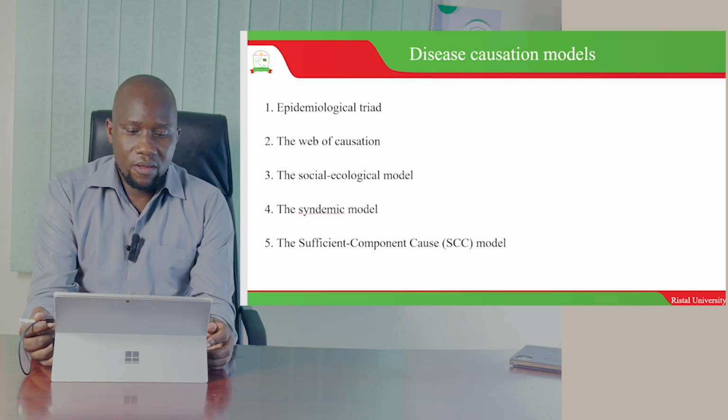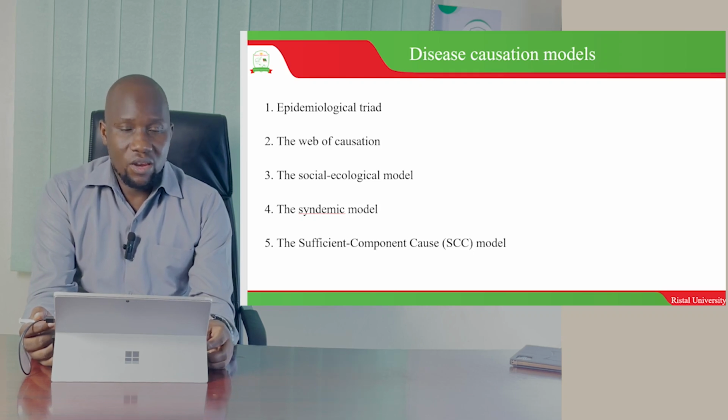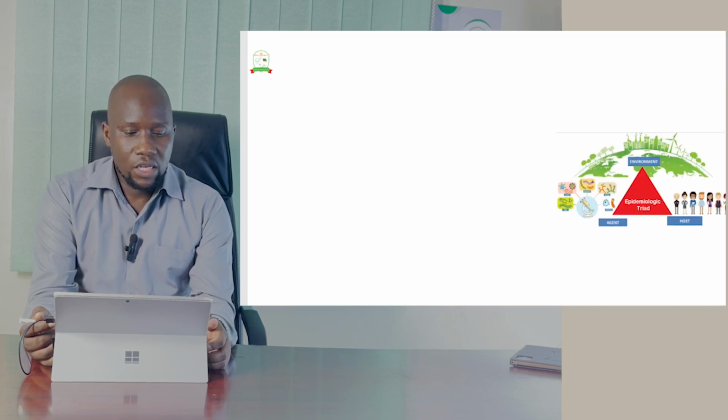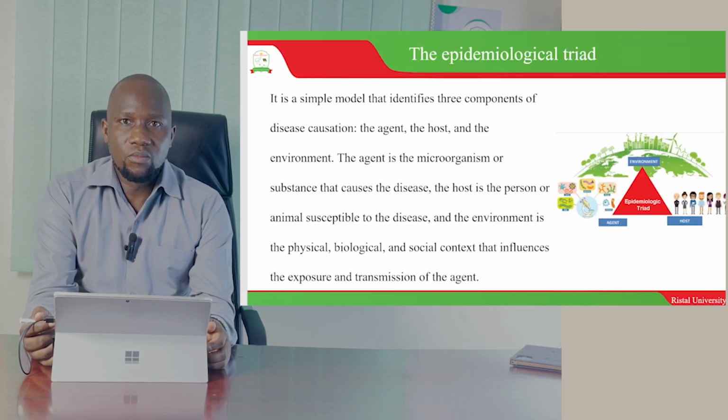So the models that we have, five of them here, basically continue with that assertion that diseases are caused by multiple factors, and not singular factors. So let's look at the epidemiological triad.